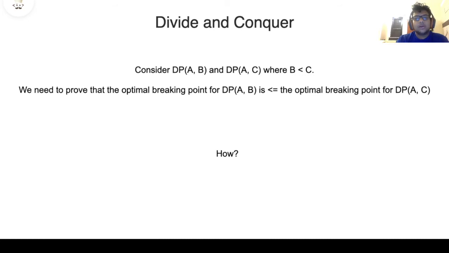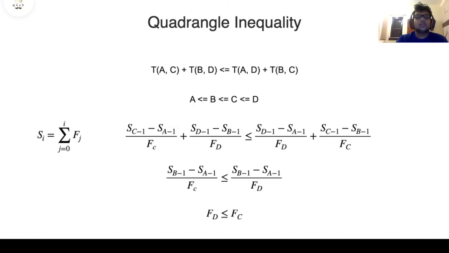Now how do we do this? To do this, we can use something called the quadrangular inequality. This is a common thing used a lot in competitive programming, so it's good if you learn it. What we need to prove with the quadrangular inequality is that the cost function, which is t for us, t of a and c plus t of b and d, is less than or equal to t of a and d plus t of b and c, where a is less than or equal to b, which is less than or equal to c, which is less than or equal to d.